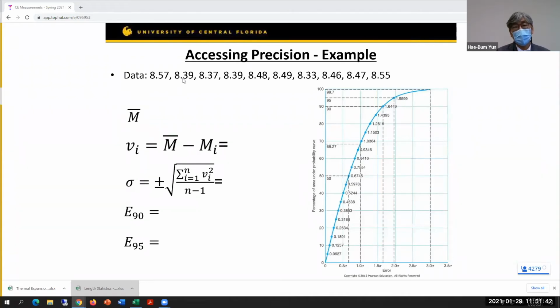Can you please download the Excel spreadsheet that I posted, which is length statistics?